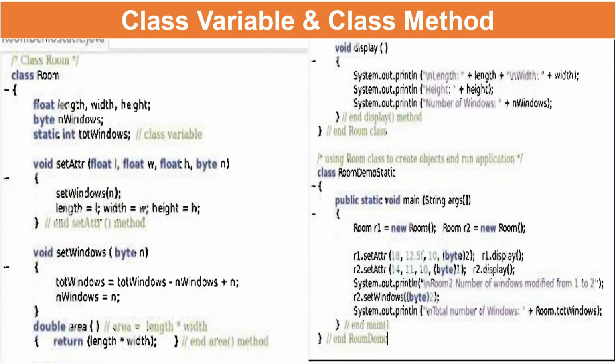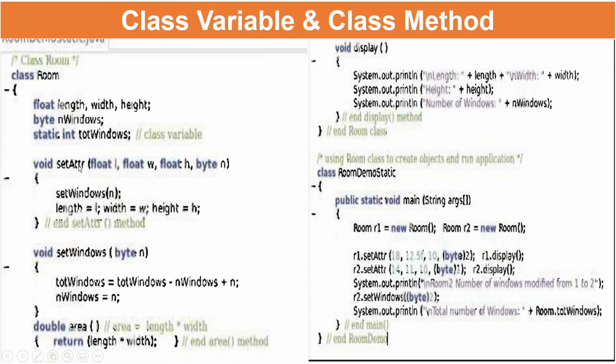Let us see here. You need to refer to only this one particular line in the program, otherwise almost the program is the same as the previous program. static int totalWindows. So we have written the word static before int. That means now this totalWindows variable is a class variable. Whenever we create any object of this Room class, like R1, R2, or any object is created here, Room R1, Room R2, everything will be copied.